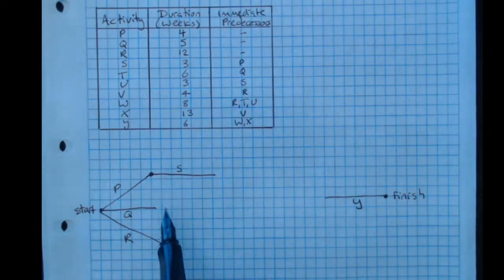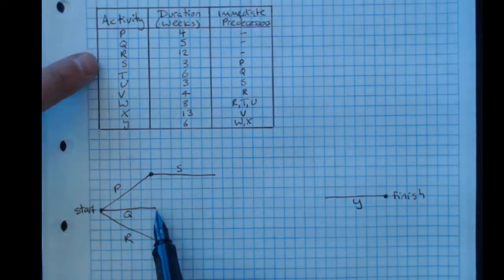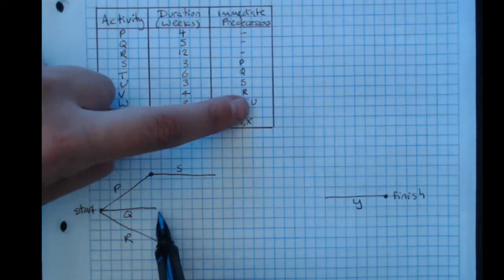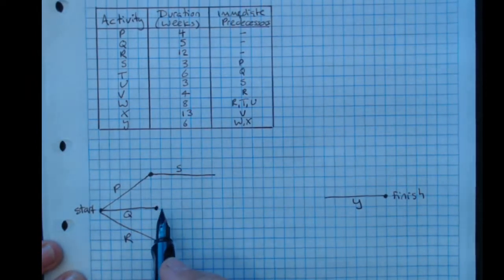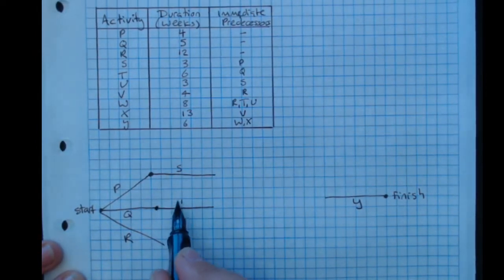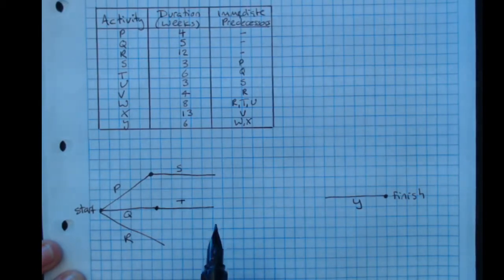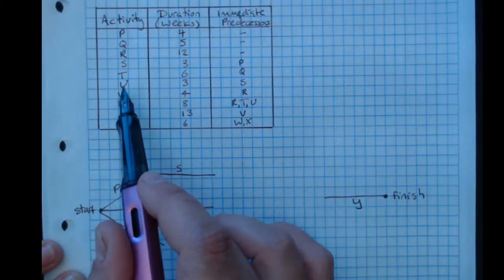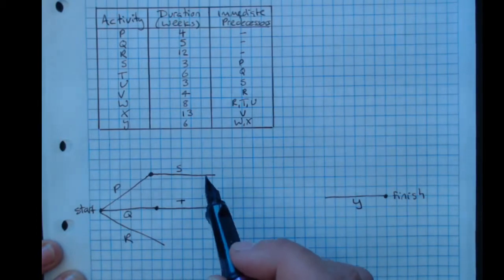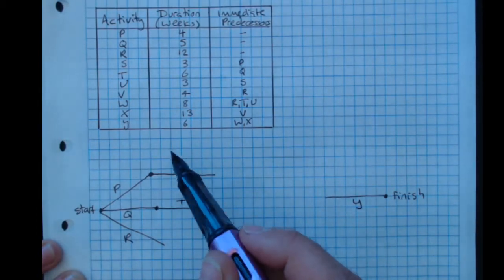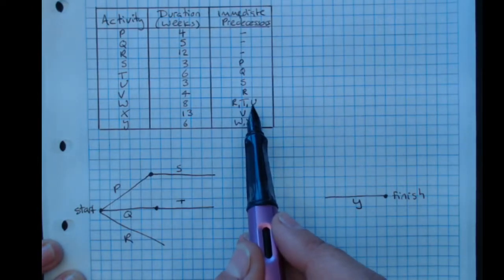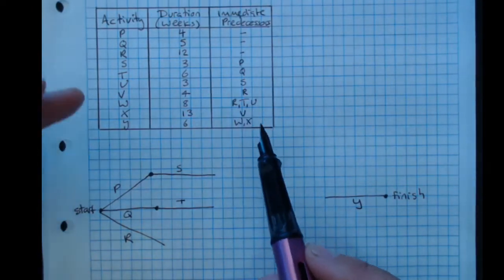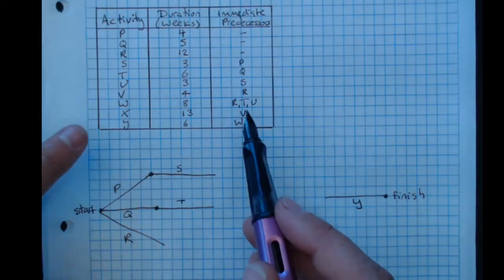T needs Q, and T is going to be needed here along with R, T, U. So let's bring T along the middle there. So R, T, and U are all needed to converge on the same space.